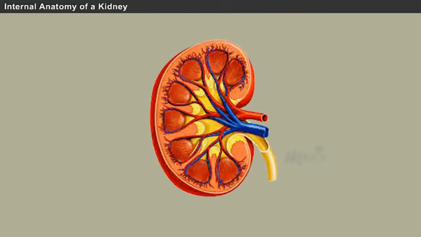Further, the central part presents a deep longitudinal fissure bounded by prominent overhanging anterior and posterior lips called the hilum, and transmits the vessels, nerves, and ureter. Nephrons are the tubular, structural, and functional units of a kidney.